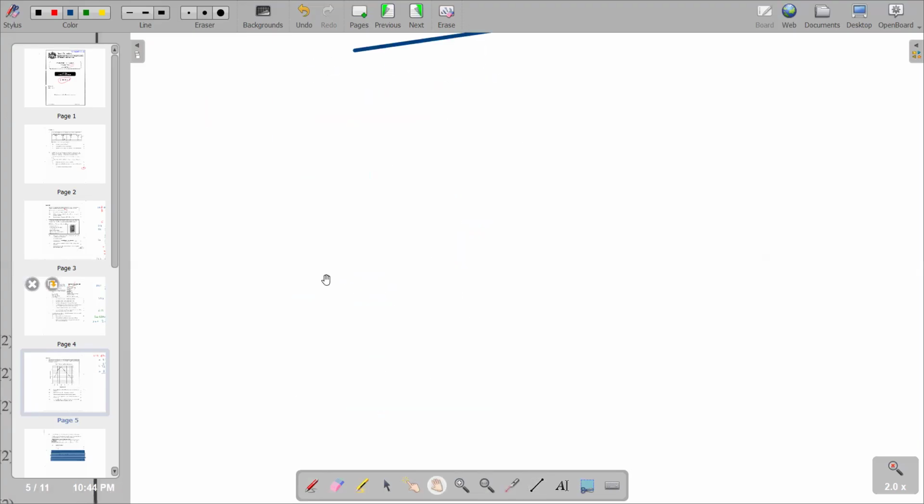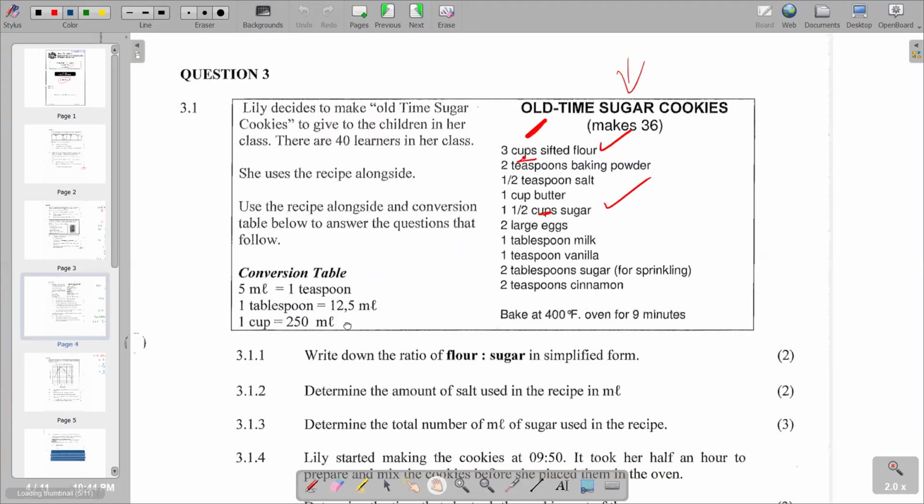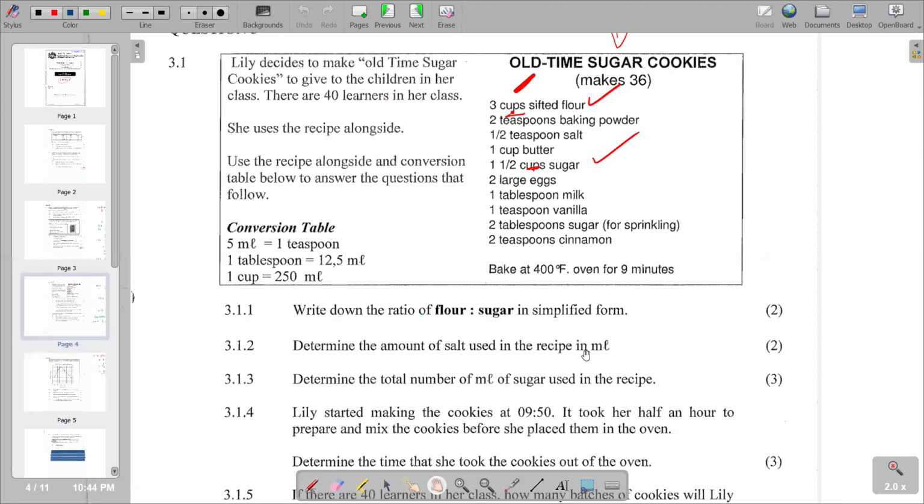Then going down to the next question that we have, which is 3.1.2. Determine the amount of salt used in the recipe in milliliters. So we go to the information that we are given for the recipe. Given the information that we have there, we try to look for where we have the salt.